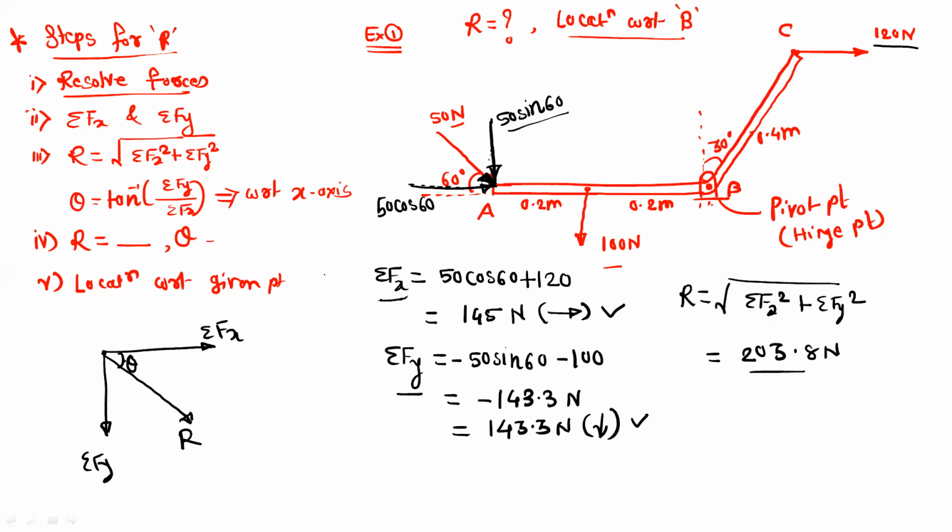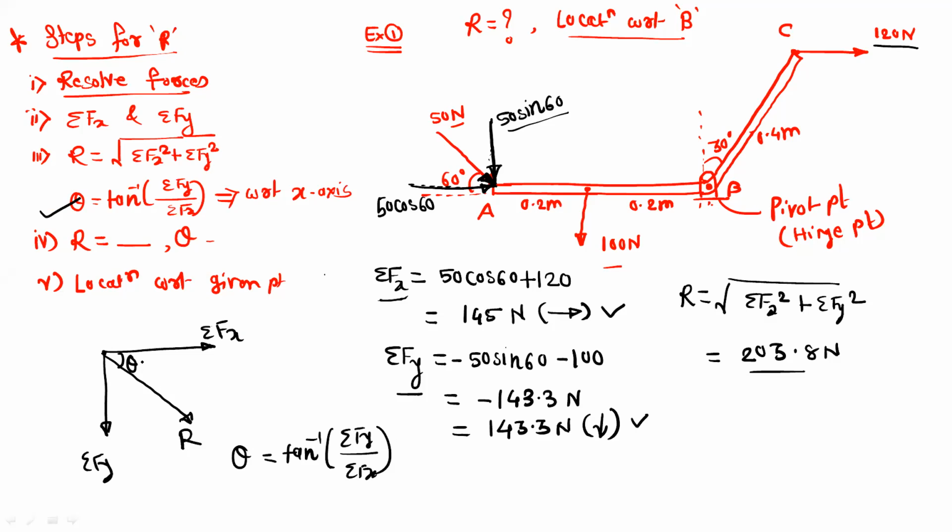So theta we can find by using this formula: tan inverse of summation Fy divided by summation Fx. When you use this formula, just consider positive values only because we already know the quadrant of the resultant.